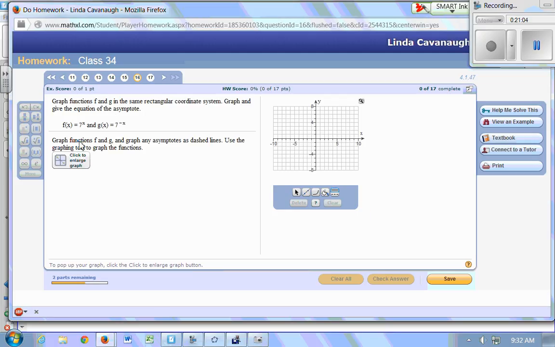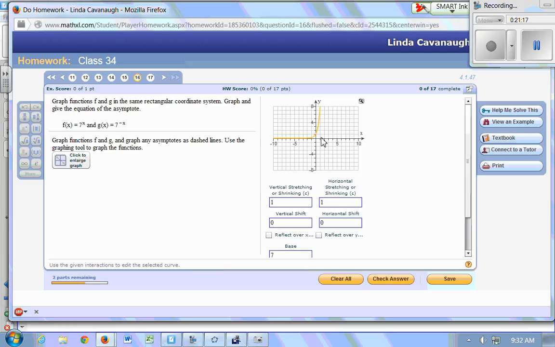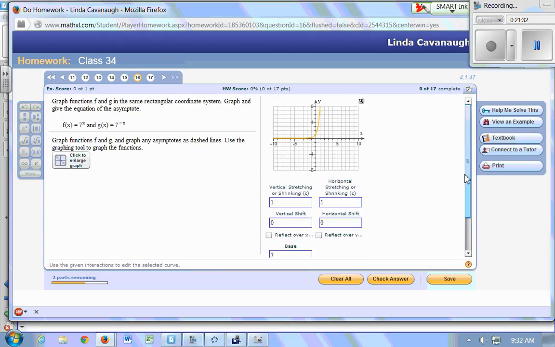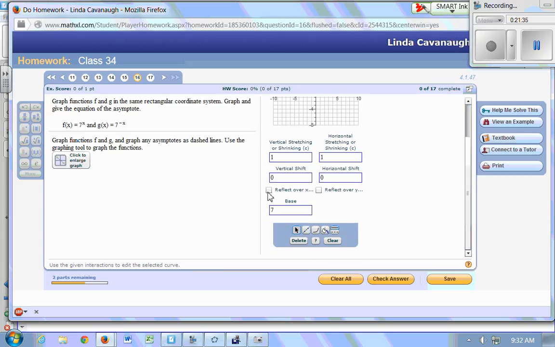Graph f and g. All right, so we'll use an exponential tool. And I want 0, 1, and 1. Okay, so yeah, this is 0, 1, base 7.